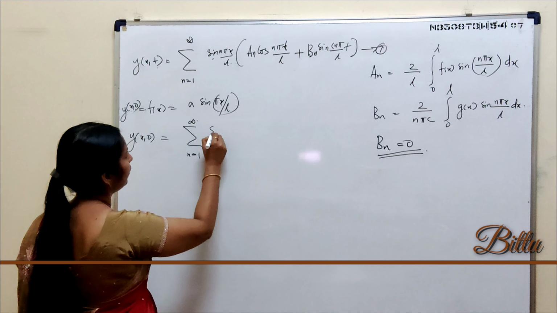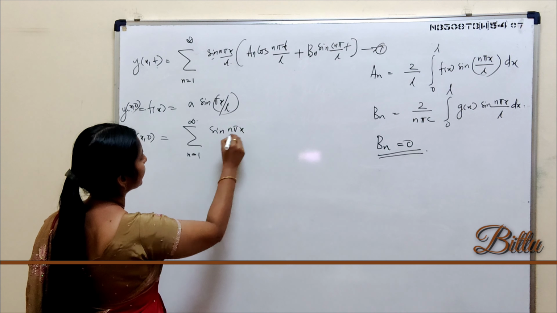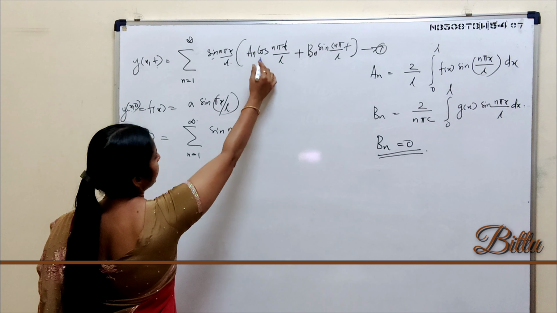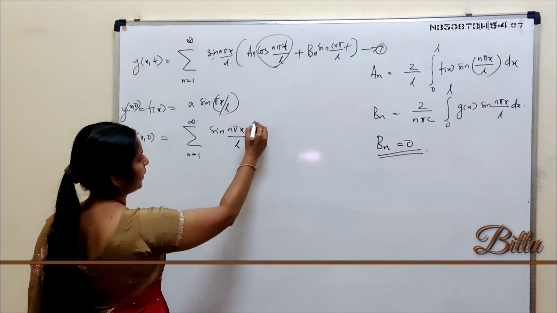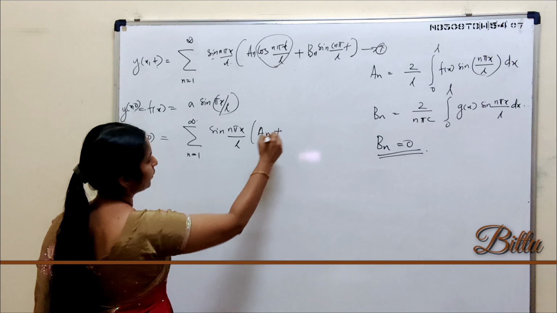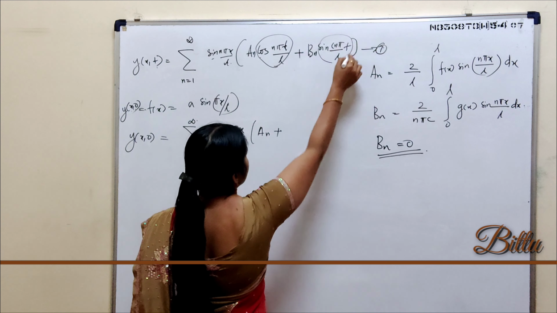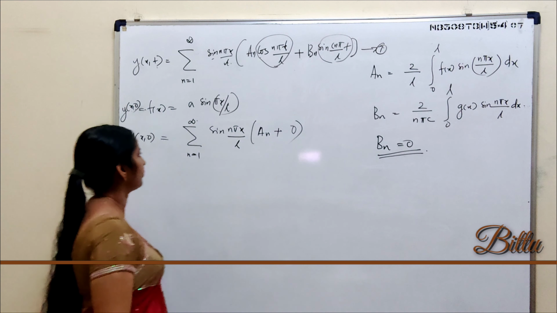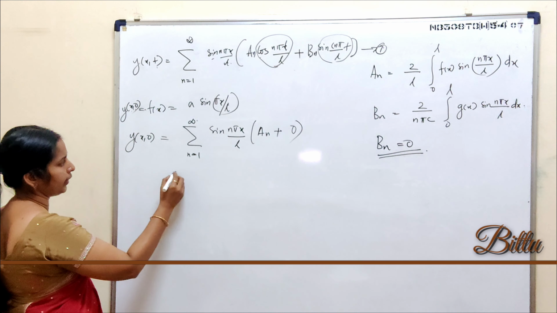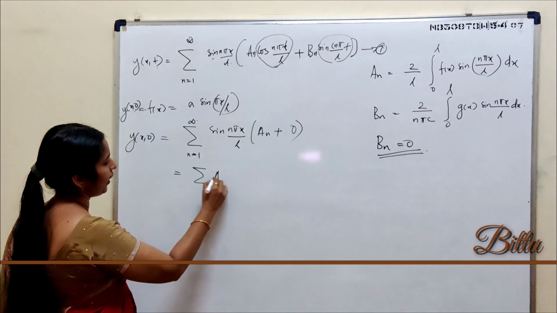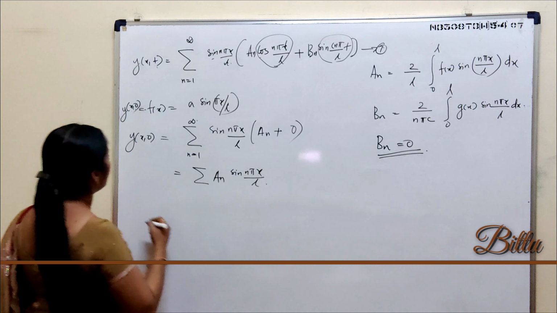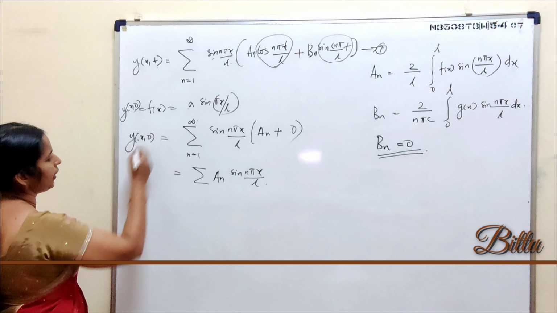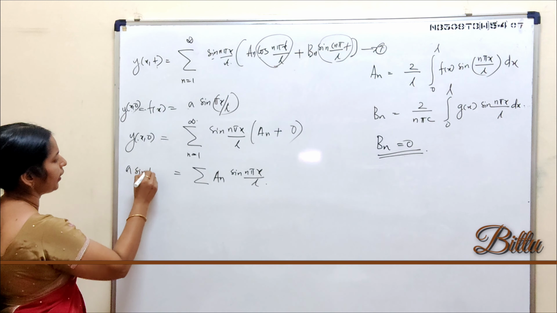When t equal to 0, the cos term will be 1, that is An, plus, when t is 0, the sin term is 0, so this is 0. So y of x,0 is sigma An sin n pi x by L. And y of x,0 is given by a sin pi x by L.